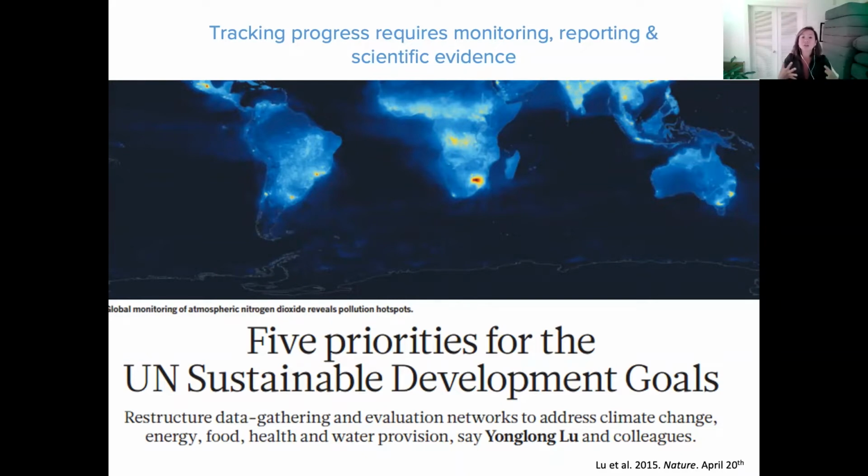And so really what all of these initiatives are trying to do is to target natural ecosystems to address climate change, provide energy and water, to ensure food security and improve global health. So to track progress towards these goals, we'll need that empirical evidence that documents impacts and the mechanisms by which they're achieved.